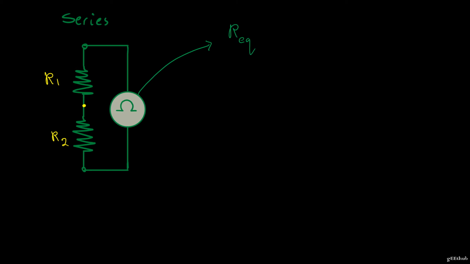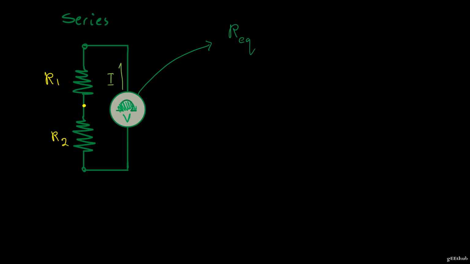Now, ohm meters are just voltage sources that create some current I. What they do is they say, okay, I know the voltage I'm creating, and I can measure the current that is created when I connect to these two resistors. So I'm going to divide my voltage by the current, and using Ohm's law, I'm going to get R equivalent. But let's derive this equation.